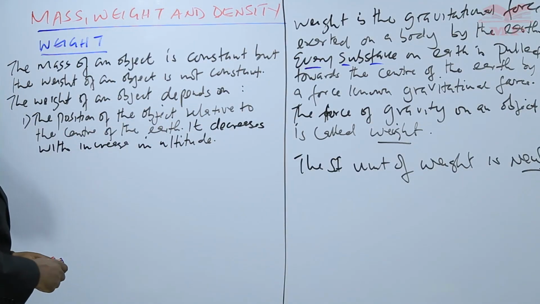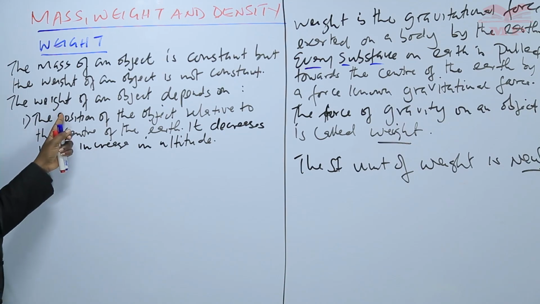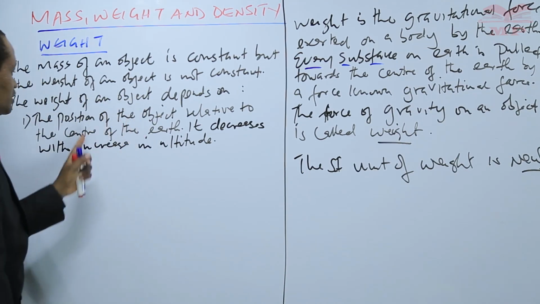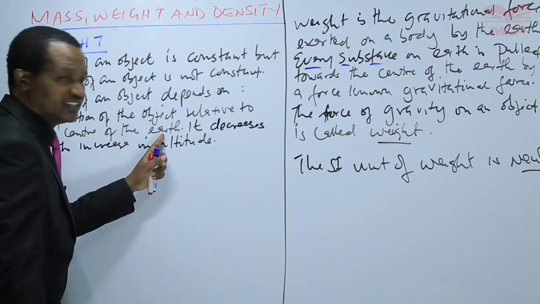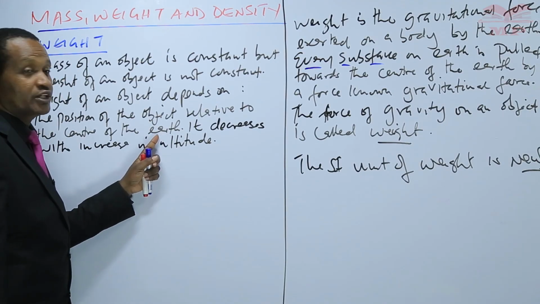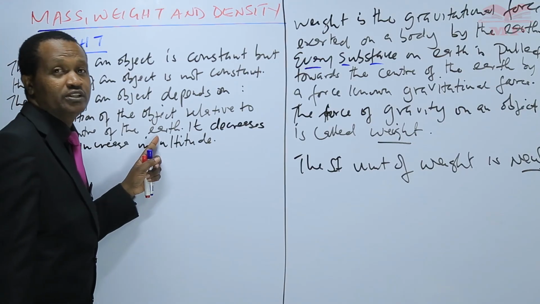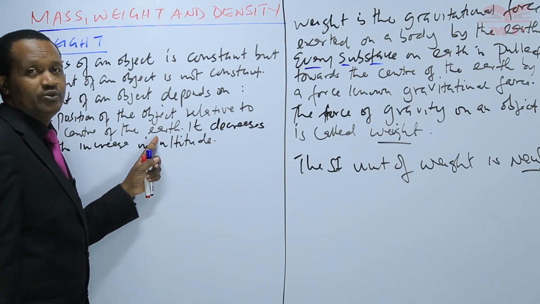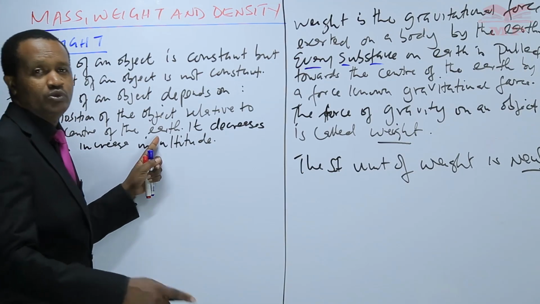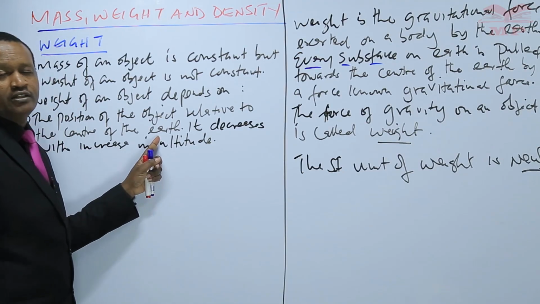So those are examples. The weight of an object depends on the position of the object relative to the center of the Earth. This is not the case for mass. The mass of an object will be constant regardless of the position, whether it is on Jupiter, on the moon, or on Earth.